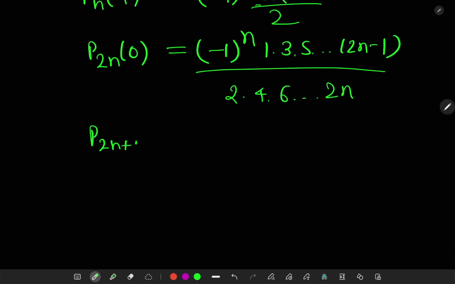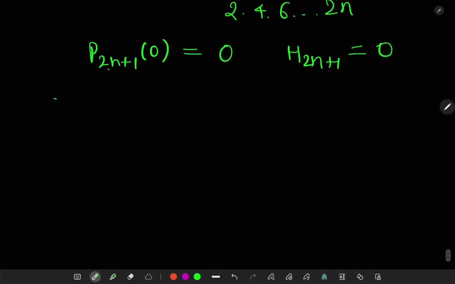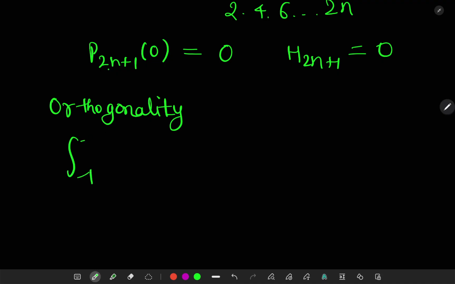Now this is another important relation. P2n plus 1 of 0 is equal to 0, and similarly for Hermite function H2n plus 1 of 0 is equal to 0. This is also important for TIFR examination and JEST examination also. Now, an important property of Legendre function is the orthogonal property.